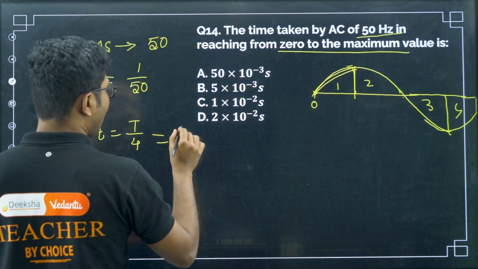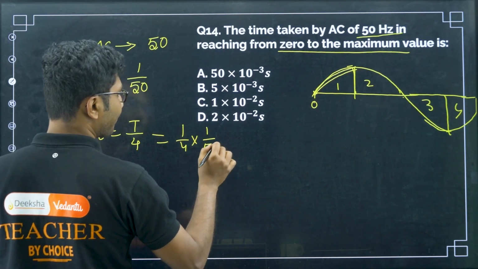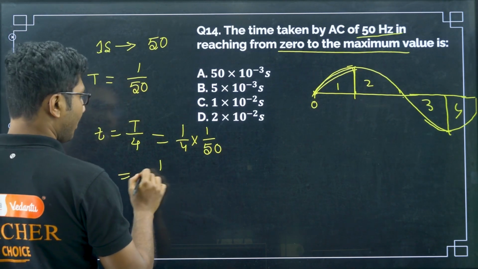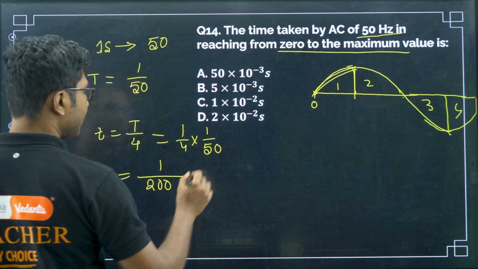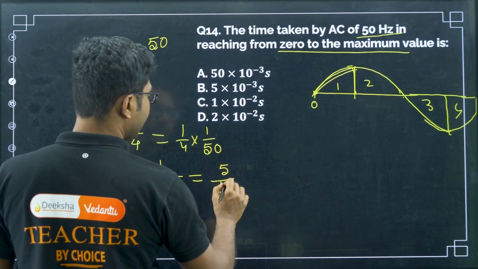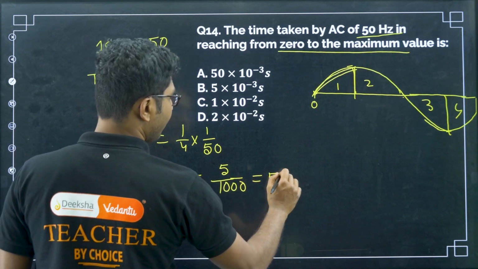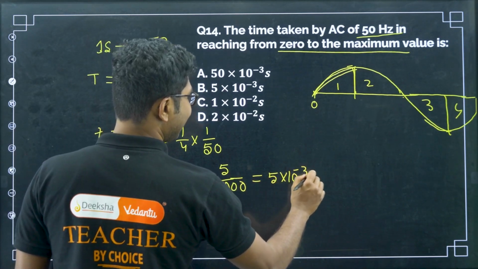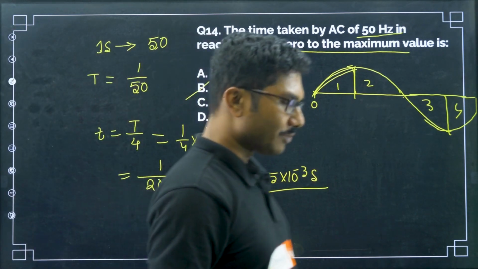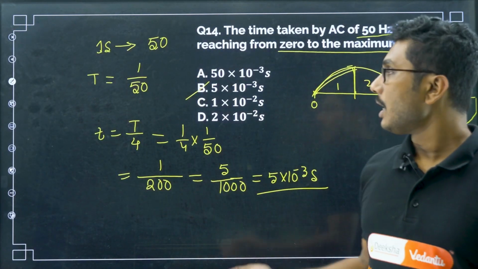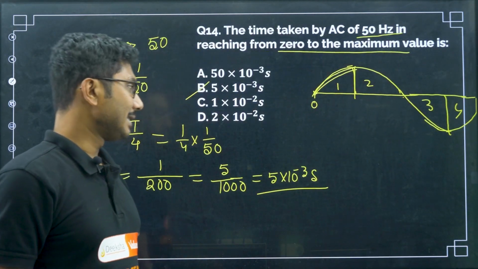So, it will be 1 by 4 times 1 by 50, that is 1 by 200. 1 by 200 means 5 by 1000, or 5 times 10 to the power of minus 3 second. So, for an AC of 50 hertz to reach from 0 to maximum, it takes 5 times 10 to the power of minus 3 seconds.